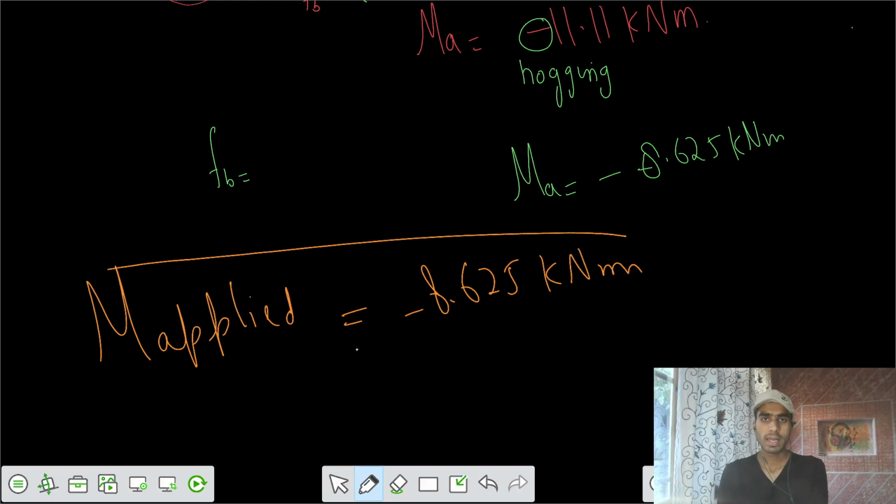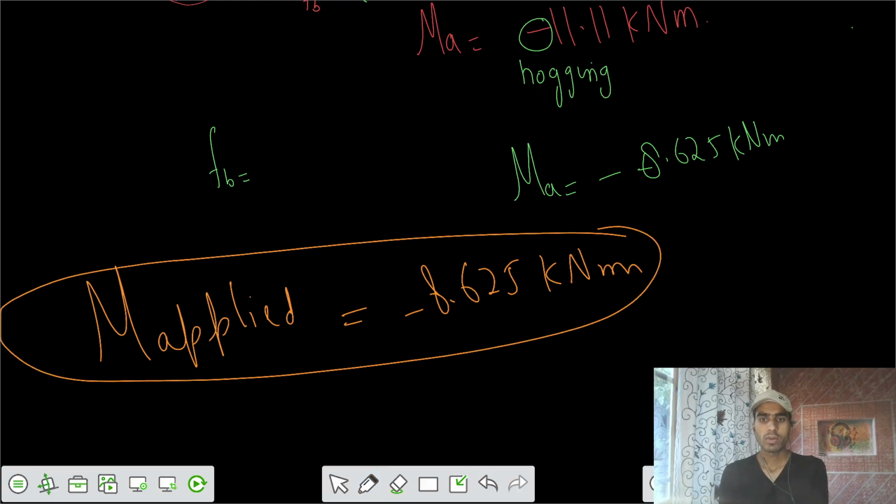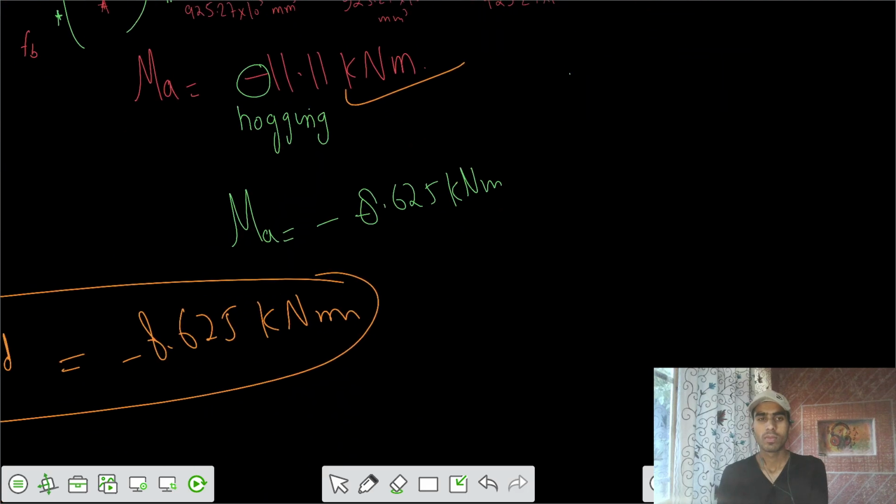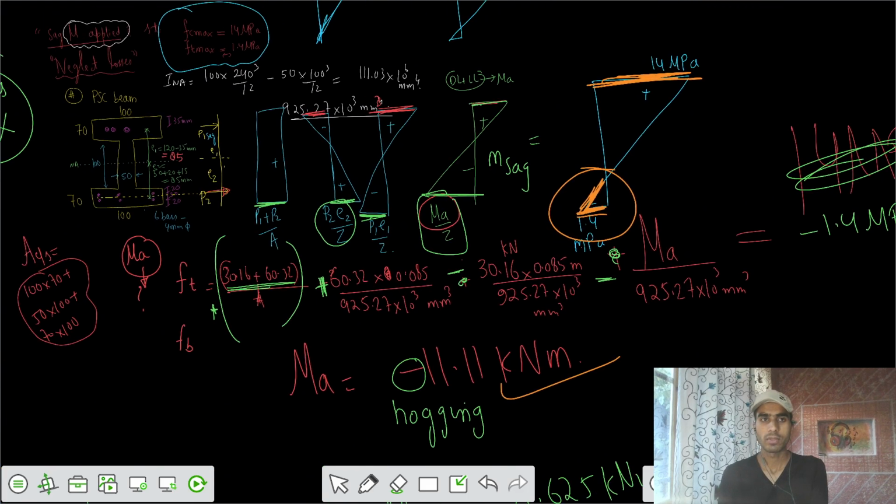If you apply 11.11, that is safe for the first condition, achieving 14 megapascal, but you might have a different value of 1.4 here, so you won't achieve this value. So your values should be lesser than these values.